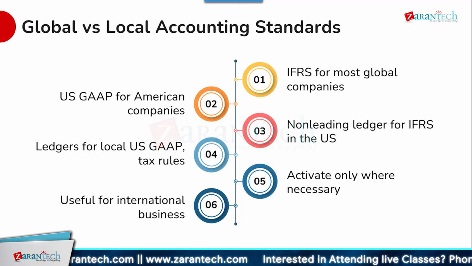A non-leading ledger for IFRS helps these companies meet the global reporting requirements. At the same time, they maintain local ledgers for US GAAP and their tax rules. The key here is activating these ledgers only where it's necessary, simplifying the process and reducing any kind of complexities.